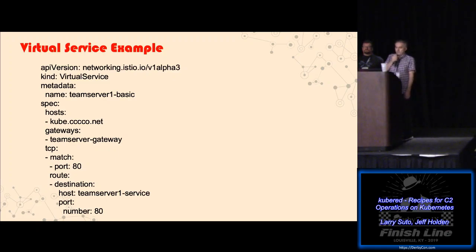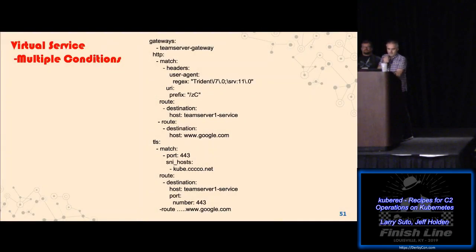This is a virtual service for a team server, which uses a team server gateway, which we saw before, which exposes those three ports, and this matches on port 80. If it matches on port 80, it'll just send it to the team server.